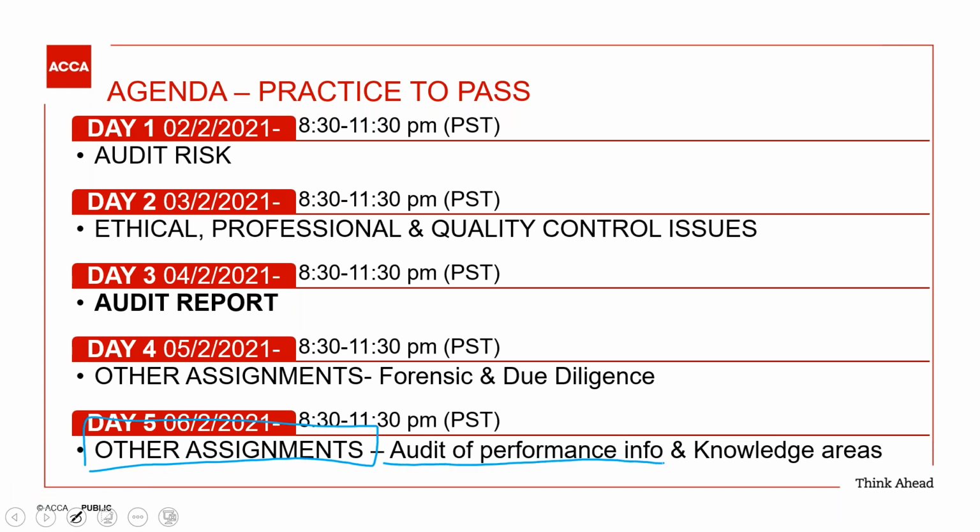And alongside that, I would also be discussing the importance of the knowledge areas in the AAA paper, which mostly students tend to ignore when they're preparing for exams. So we have two sets of agenda today. One is to look at the audit of performance information, and then to look at the importance of the knowledge areas. So let's start on with the final 3 hours of the day 5 of this webinar.